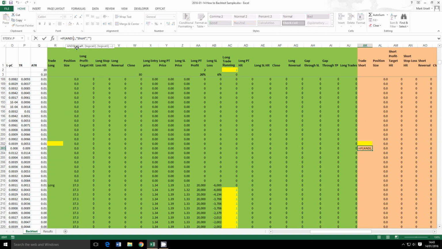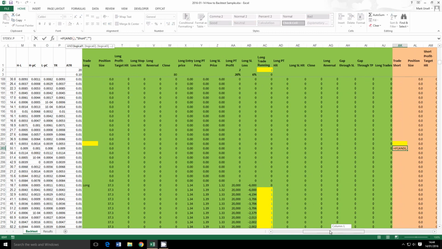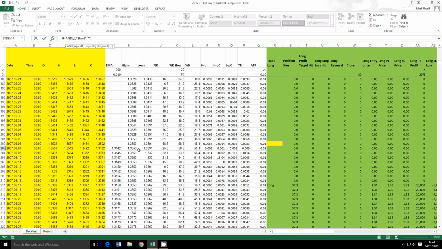Now I want to do the same thing but in reverse. So this time I want my closing price. I'm looking for when the closing price is below the 200 period EMA, I only want to go short. So I do that by close price below EMA.